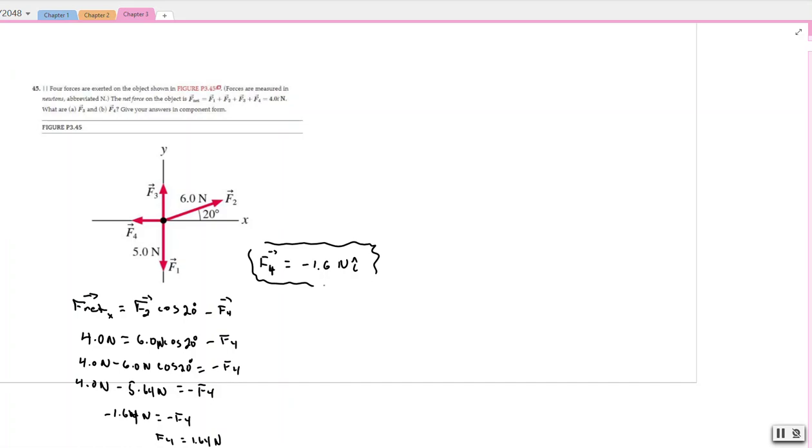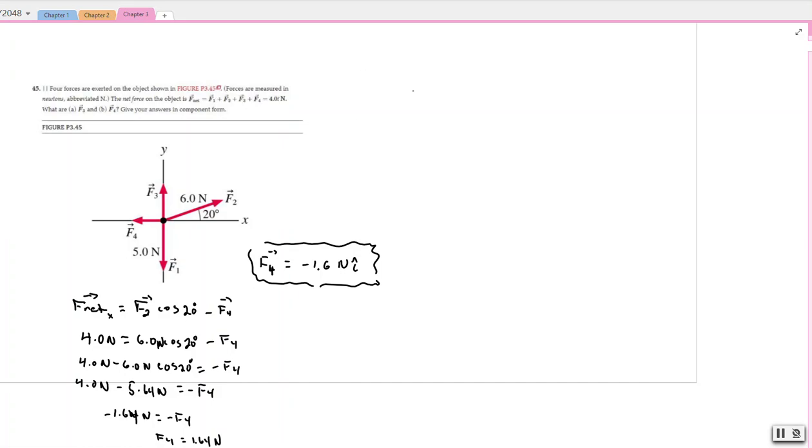F4 is pointing to the left, so it's negative, because it's against the direction of the positive x-axis, and the unit vector i points in the positive direction of the x-axis. So that's why we have to use a negative sign here, to represent the direction of F4. So F4 is equal to negative 1.64 newtons i.